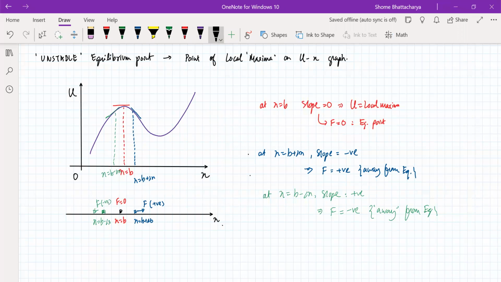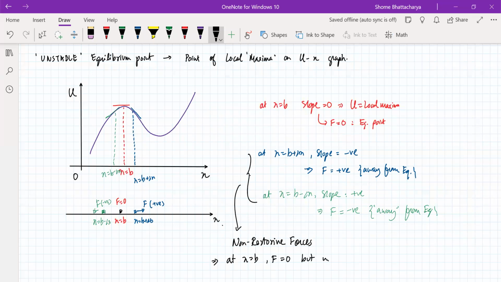So these forces you can see now are what we call non-restorative forces. What that means is that at x equal to b, the net force is 0.